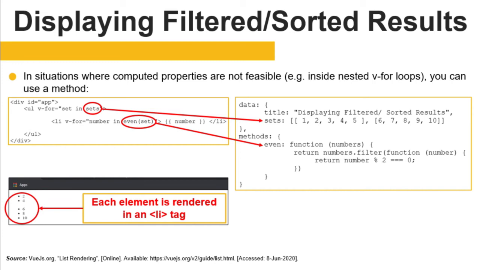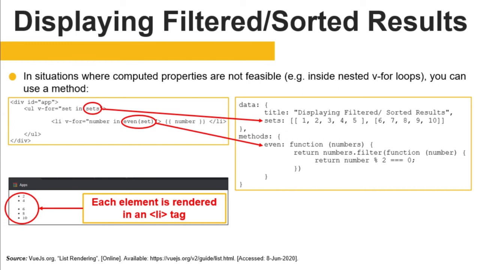The idea is to be able to display only those even numbers in every given set, since in our data model, we defined an array named sets having arrays as its elements. The first element, numbers from 1 to 5 in the form of an array, is an element of the sets array, which means we are dealing with an array of arrays. Notice that in the data model, sets is an array which also contains arrays as its elements, which means at index 0, we can access numbers 1 to 5.